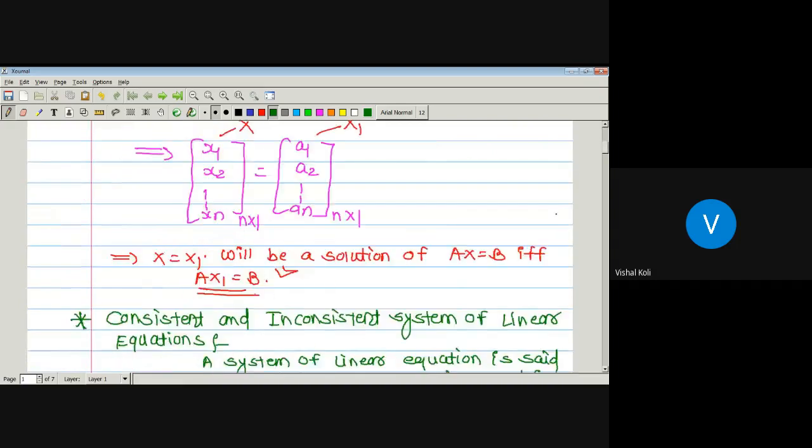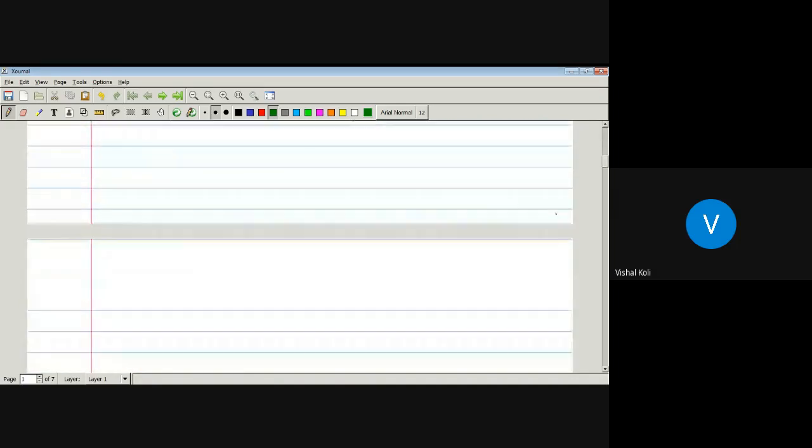Now here we have to see some types of systems of linear equations. Actually there are two types of systems of linear equations. The first one is the homogeneous system of linear equations, and the second one is the non-homogeneous system of linear equations.